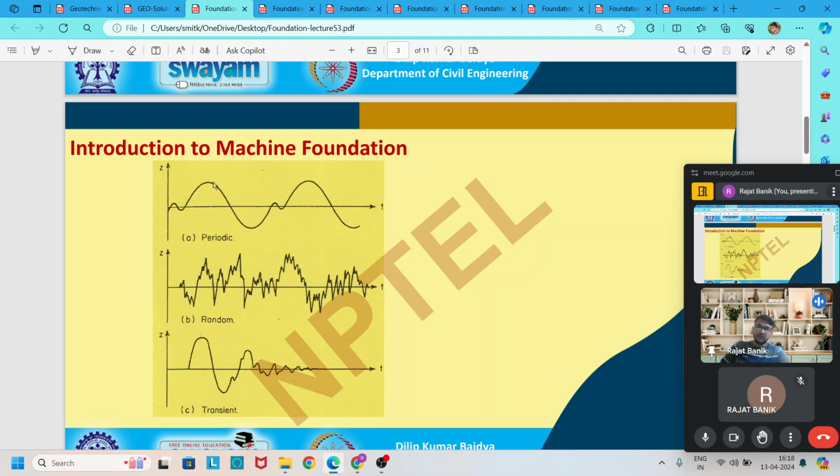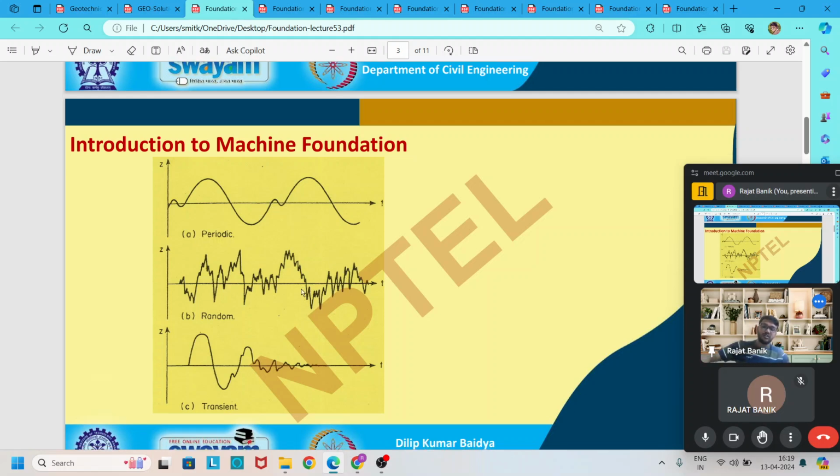Based on these, we plotted different graphs. In a periodic force, there is a repetition after a certain period of time, so we can say it is periodic in nature. Random force we cannot define properly; it is just random. And a transient force is a dynamic force which reduces or vanishes after a certain period of time, and before it vanishes, it gives a certain amount of vibration. This happens due to the presence of damping in our system.